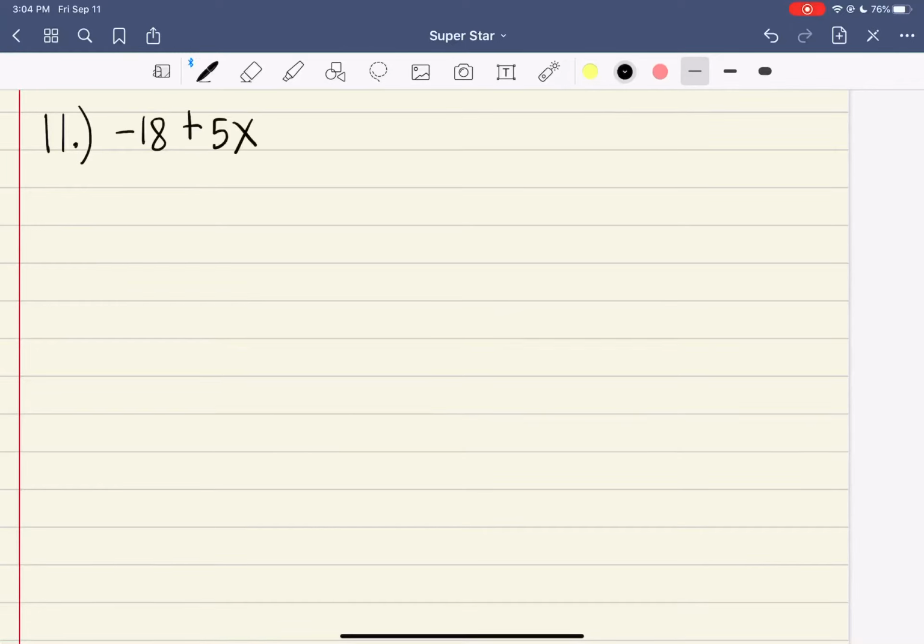So you're probably used to it by now. Circle your constants, box your variables, draw your line, box your variables, circle your constant, and making sure to include the signs before. So again, no like terms to combine, but we have variables on both sides.